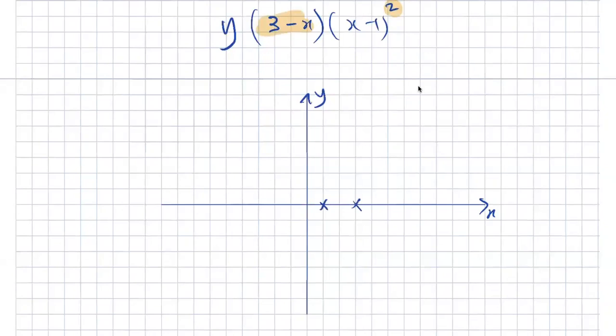Now it's a negative tending cubic. So we can multiply out and see what we get for the y-intercept. So 3 times -1 times -1, because it's squared, is +3. So there it is there. So it's not too bad.